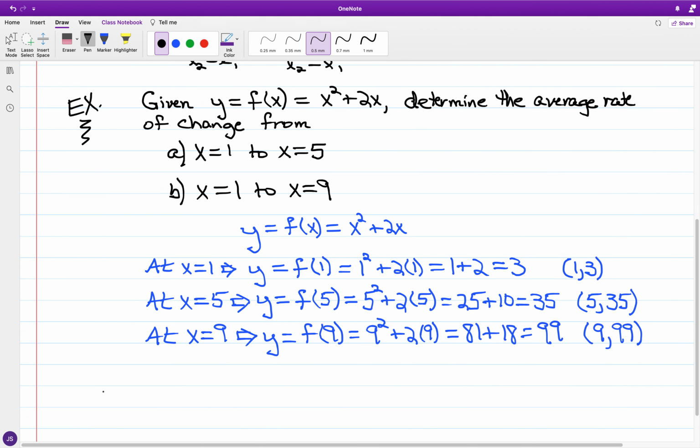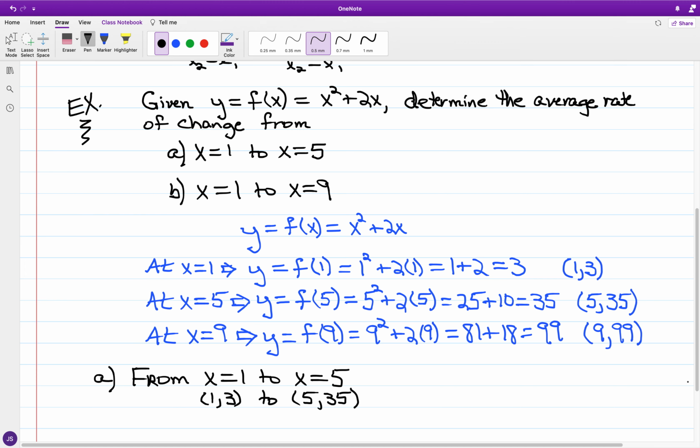So we have in part A, as we are looking at going from x equals 1 to x is equal to 5, you're really looking at, in terms of ordered pairs, going from (1, 3) to (5, 35).